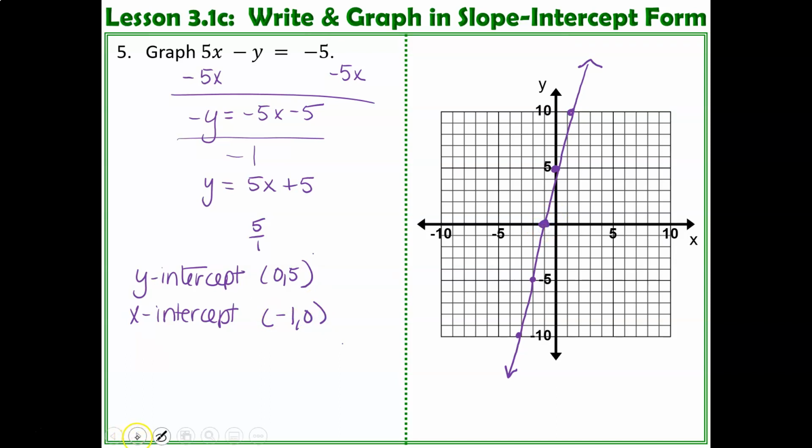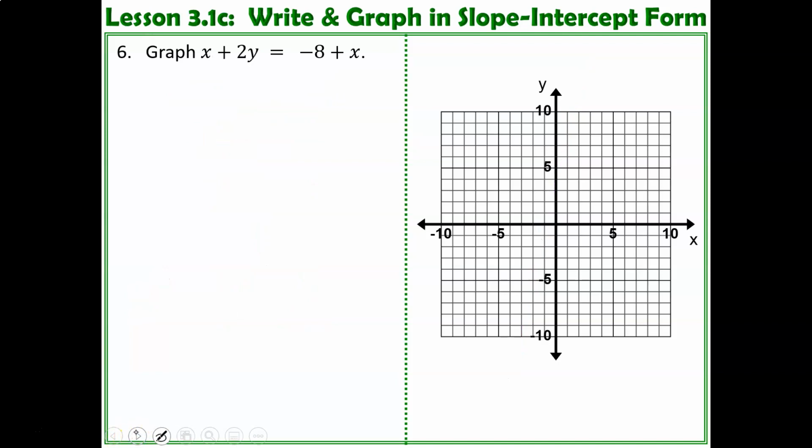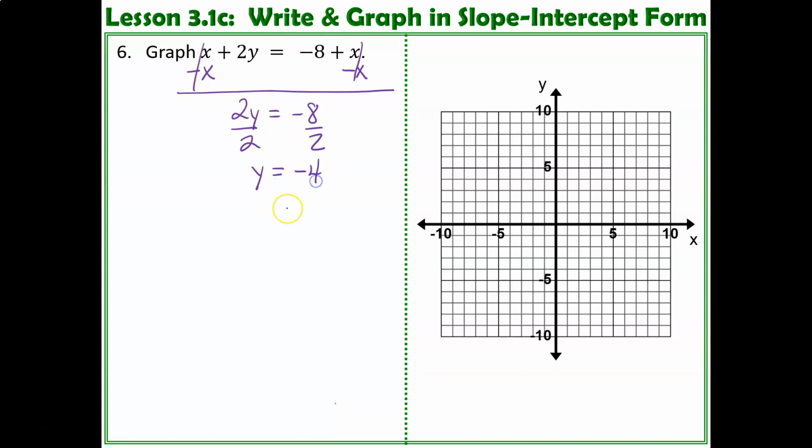All right, number 6. Graph x plus 2y equals -8 plus x. Wow, there's a lot of organizing to do here. So again, let's get rid of that x. Let's take this one and subtract it from both sides. And it's gone. So now I have 2y equals negative 8. I'm going to divide by 2, and I have y is negative 4.